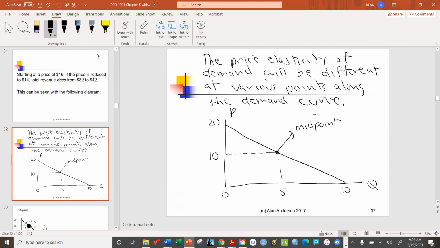Because this is a straight line, we define this point as the midpoint. And everywhere above this point, we discover that the elasticity is greater than 1.